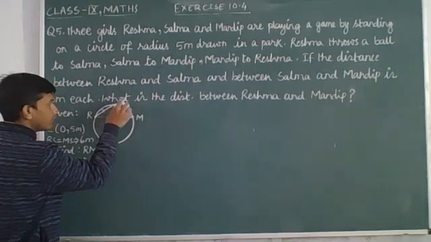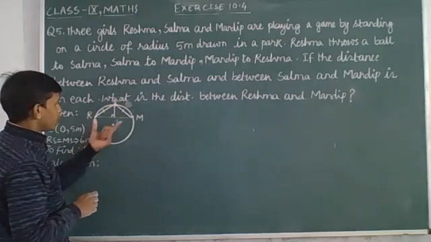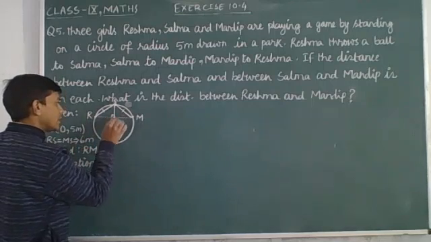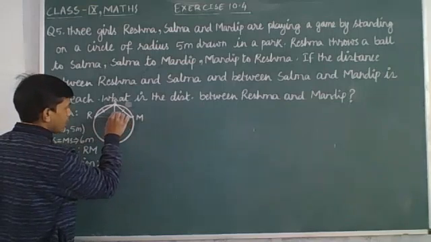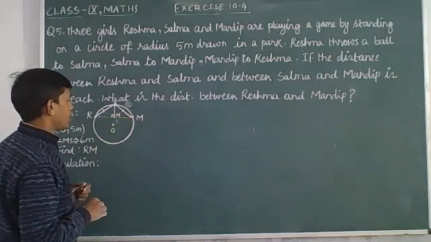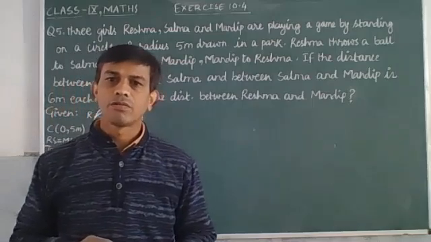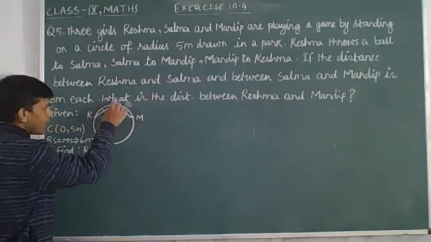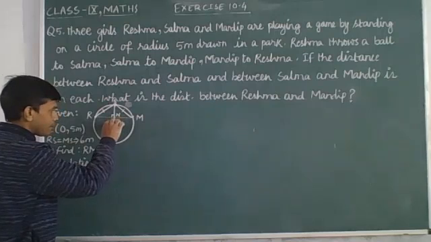So this perpendicular drawn from S to the chord RM is bisecting it at N. And we know that the perpendicular bisector of a chord always passes through the center. So obviously this SN would pass through the center of the circle.